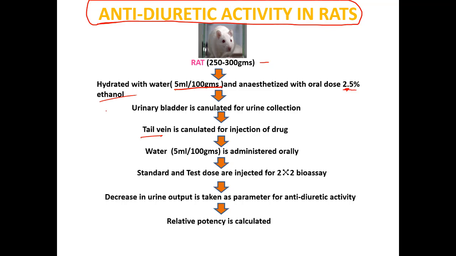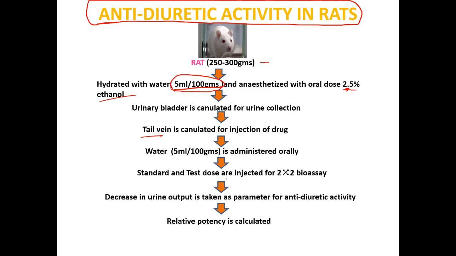Why are we injecting in the tail vein? Only because in rats the tail has so much vascularity, so you will find many blood vessels in the tail. That's why we will give in the tail vein only. Then water is administered orally, same amount, 5 ml per 100 grams.